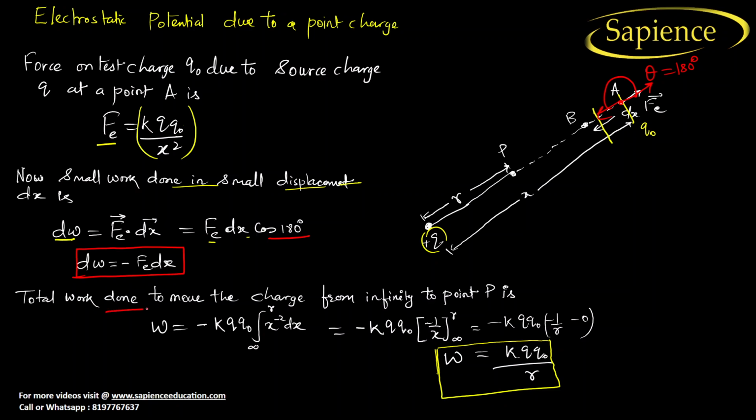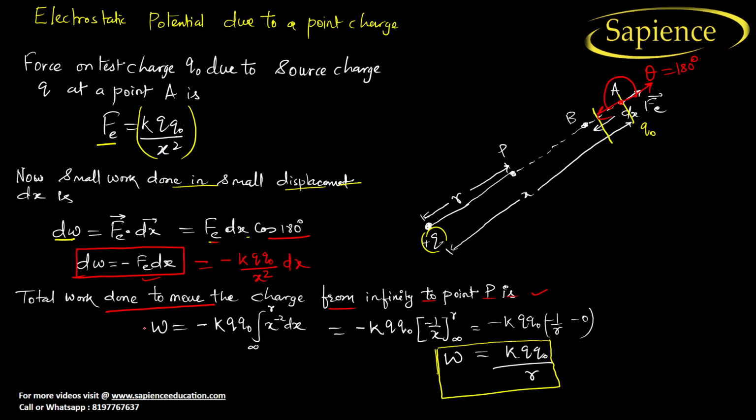Now the total work done to move the charge from infinity to point P is how much? So we have to use this. How will you do this? See, it is very simple. We need to put the values. So what is the electrostatic force? It can be written as minus K Q Q naught by x square into dx.